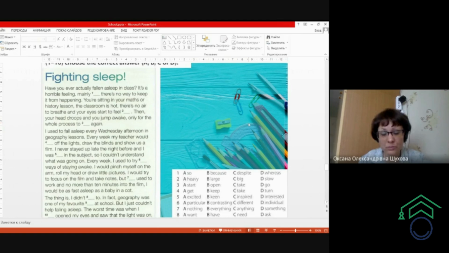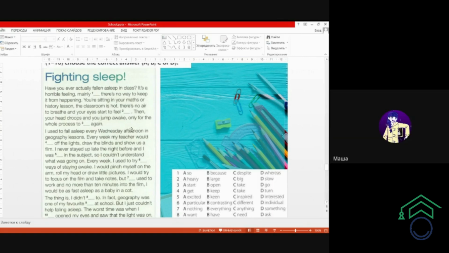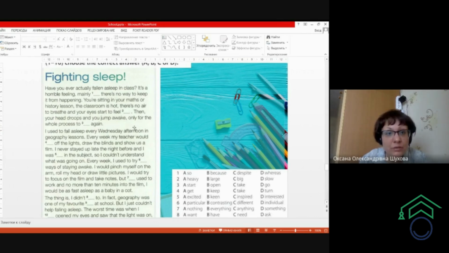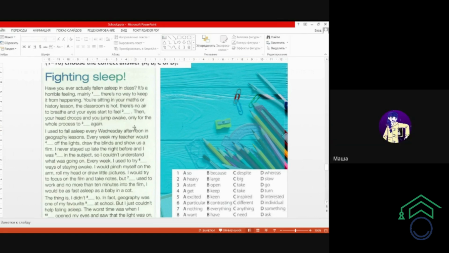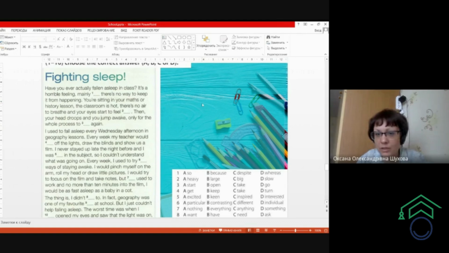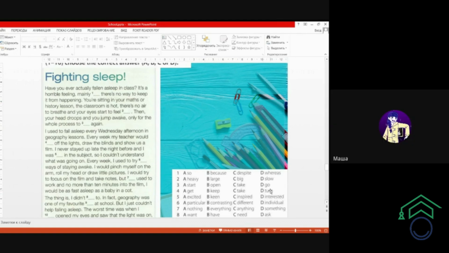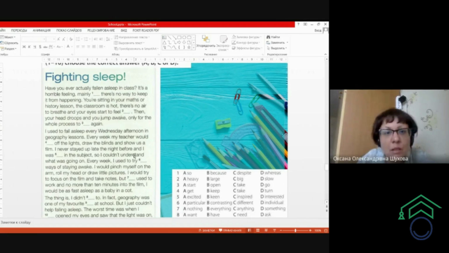Тобто воно за сенсом тут підходить, так? So heavy eyes, it's when it's difficult to lift or move your eyes, right? Yeah. Okay, so the next one. Then your head droops and you jump awake, only for the whole process to start again. To start again. Інші не підходять, так? Open, take, go, вони зовсім не підходять логічно за смислом тут.